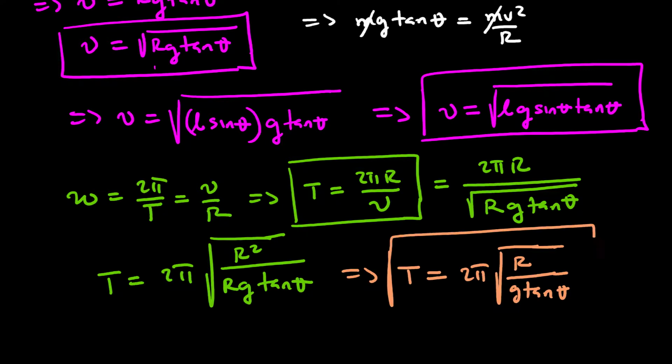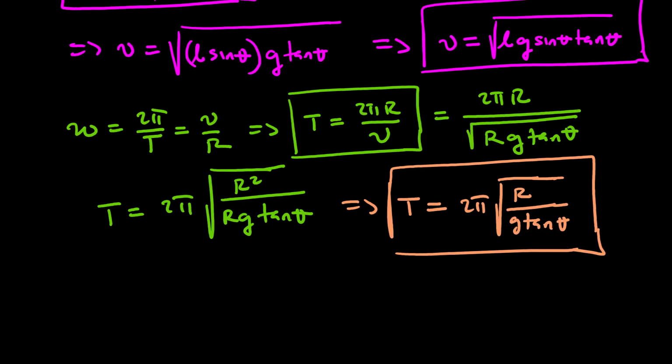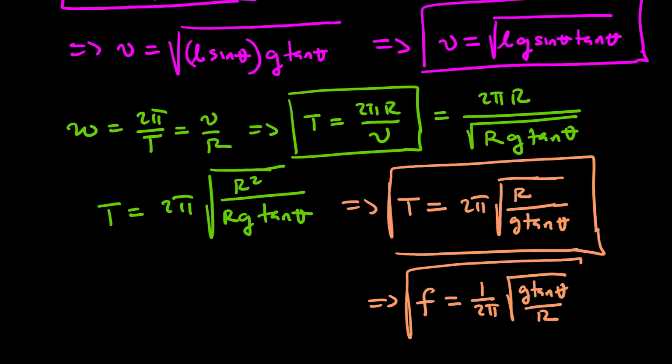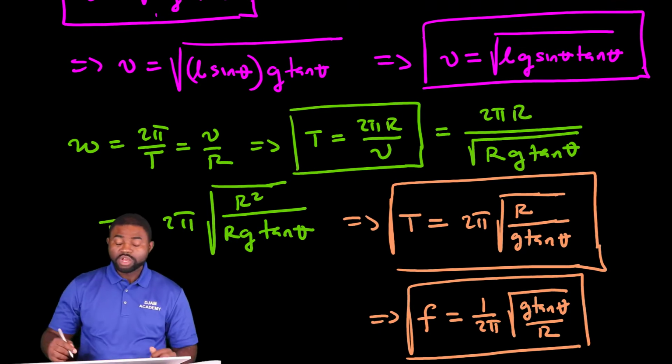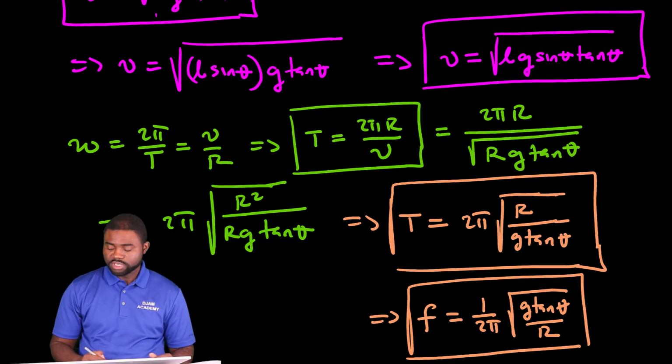This is the expression for the period of rotation of the ball. Another way that we can see this is that the frequency will be equal to 1 over 2 pi the square root of g tan theta all divided by r. And this is the frequency of rotation of the block around the center of the circle.